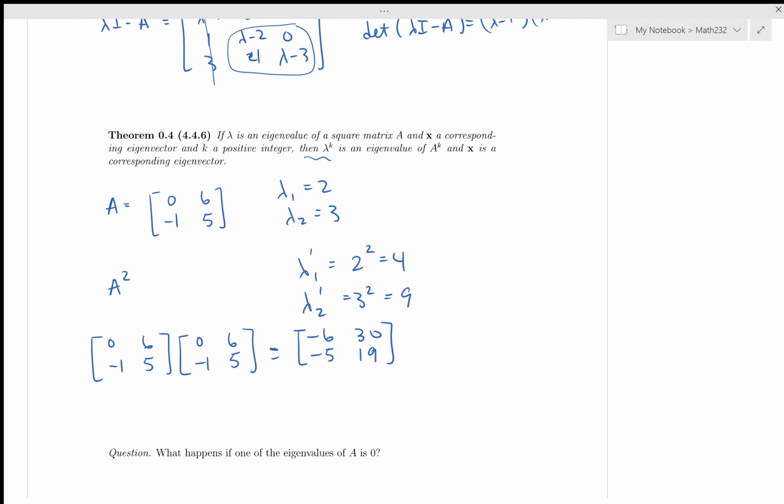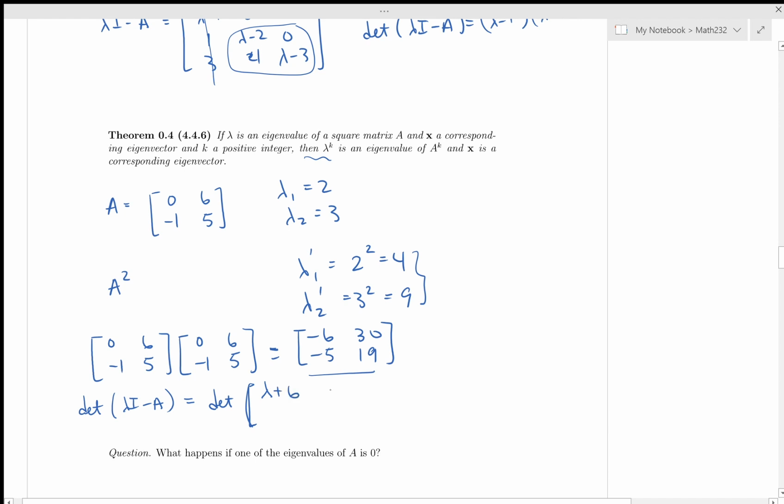But let us see if I can proceed. We will attempt to calculate the eigenvalues of this, and I'm hoping that they will turn out to be 4 and 9. They should be. We have to find the determinant of lambda I minus A. That's going to be the determinant of the matrix: lambda plus 6, minus 30, 5, lambda minus 19.